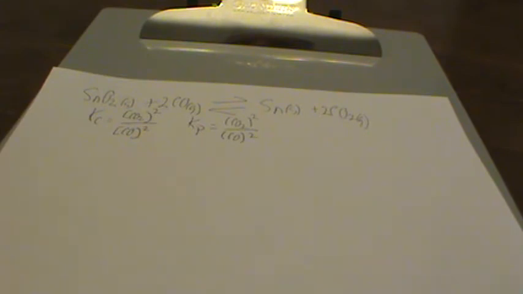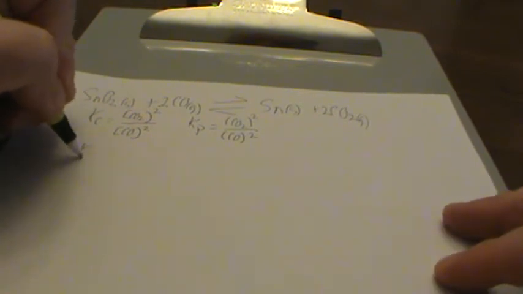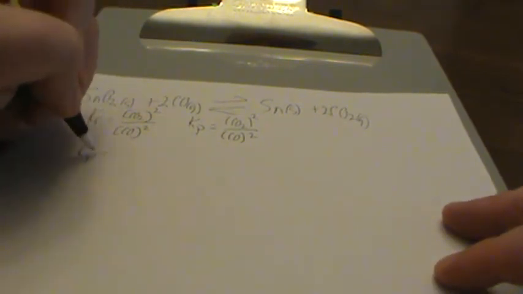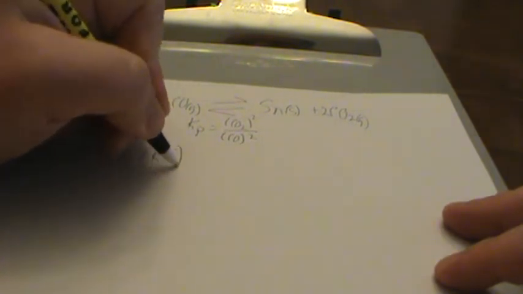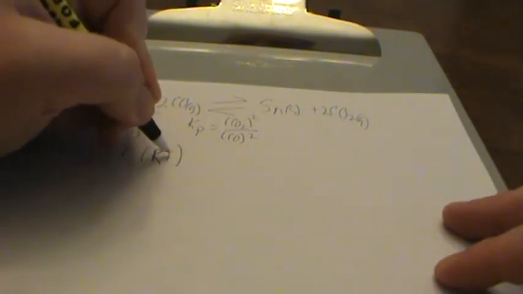And there is a way to go between Kc and Kp. The way that we do that is we use this formula. Kp is equal to Kc times (RT) to the delta n, so R is our ideal gas constant, times temperature.